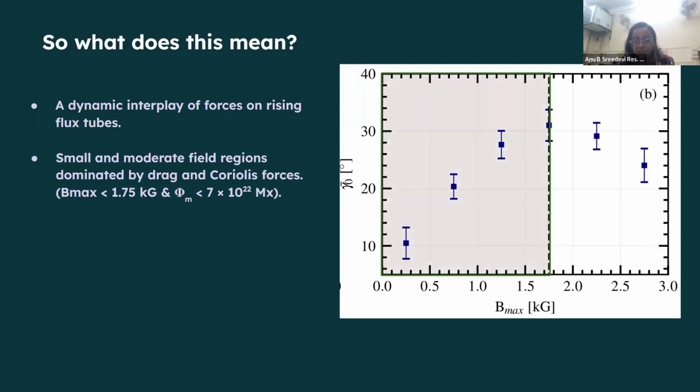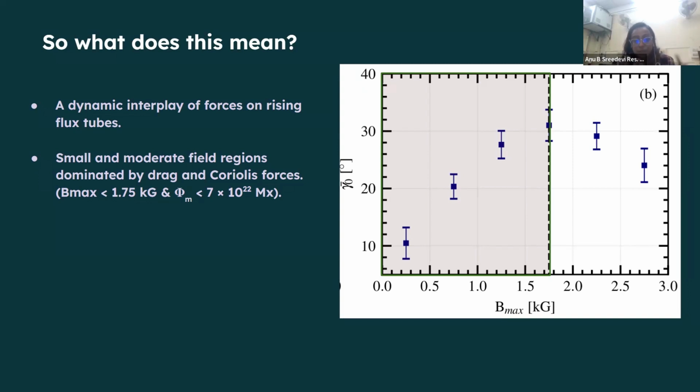If the magnetic field in the convection zone of a BMR forming flux tube is less, then they will be much more regulated by the drag and Coriolis force. The magnetic buoyancy will not be strong, and as the flux tube rises, the drag force will slow down the rise, and the Coriolis force will have less time to tilt the BMRs.